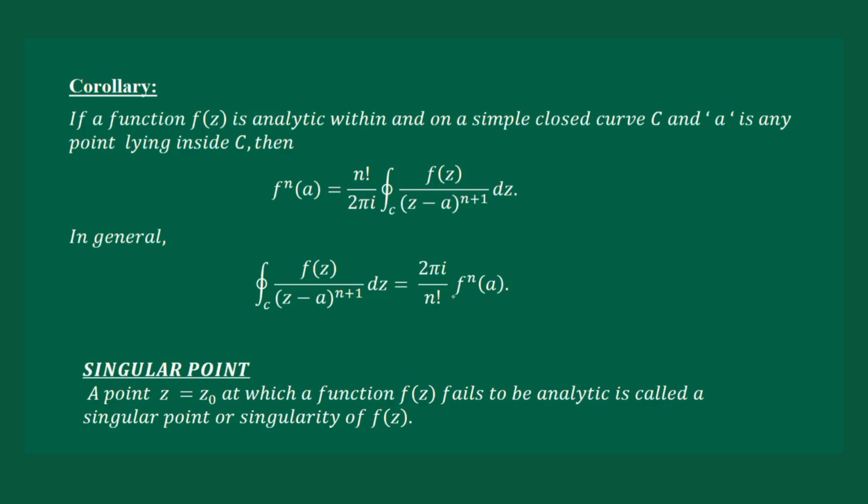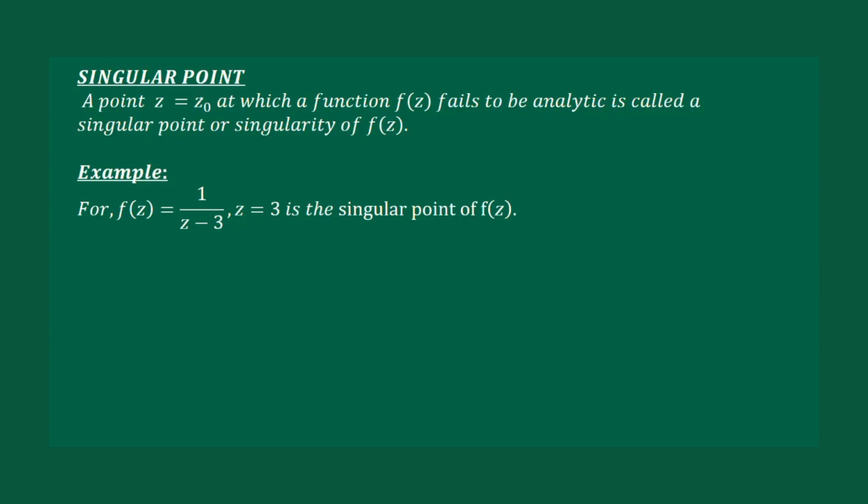Let us see the definition of a singular point. A point z equal to z naught at which a function f of z fails to be analytic is called a singular point. As I already told you, a singular point is a point where the function is not analytic. This is an example of a function that is not analytic at a point: f of z is equal to 1 by z minus 3.